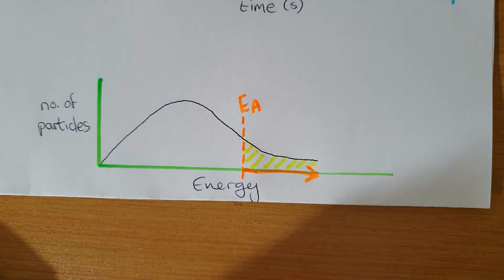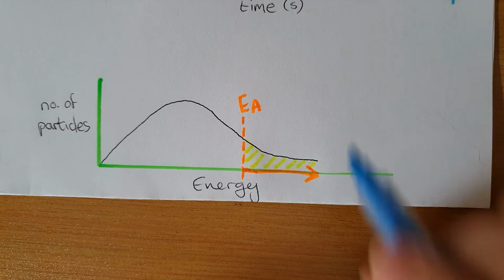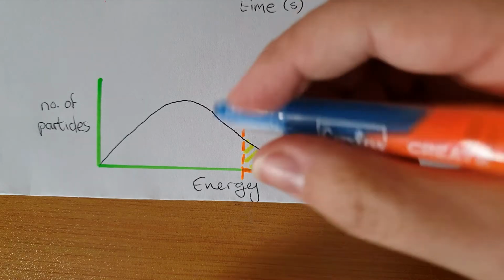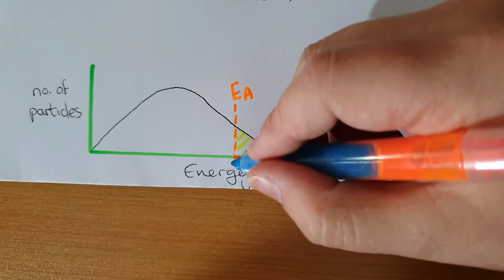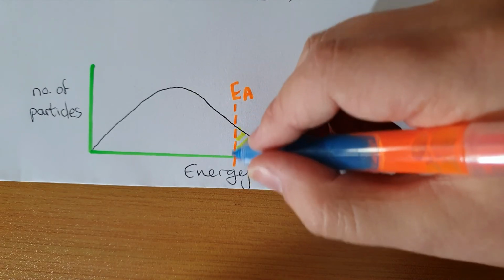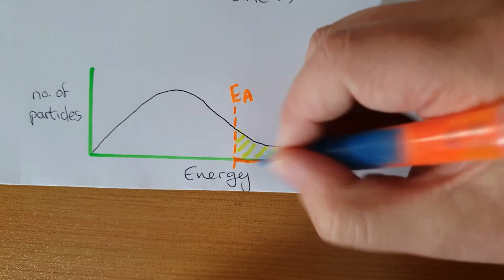So what can we do? If you add a catalyst, according to the definition, the catalyst decreases the activation energy. So remember, this is like the entry level over here. The activation energy is the minimum requirement. All of these particles after that have enough energy.